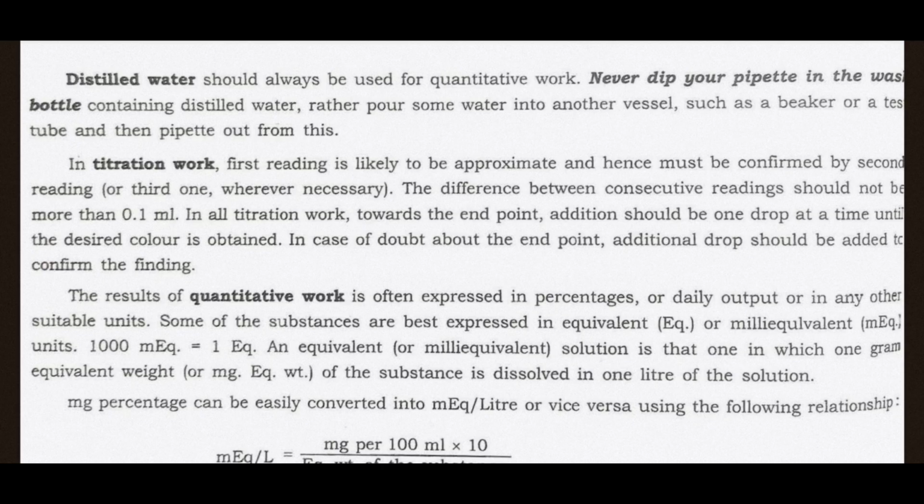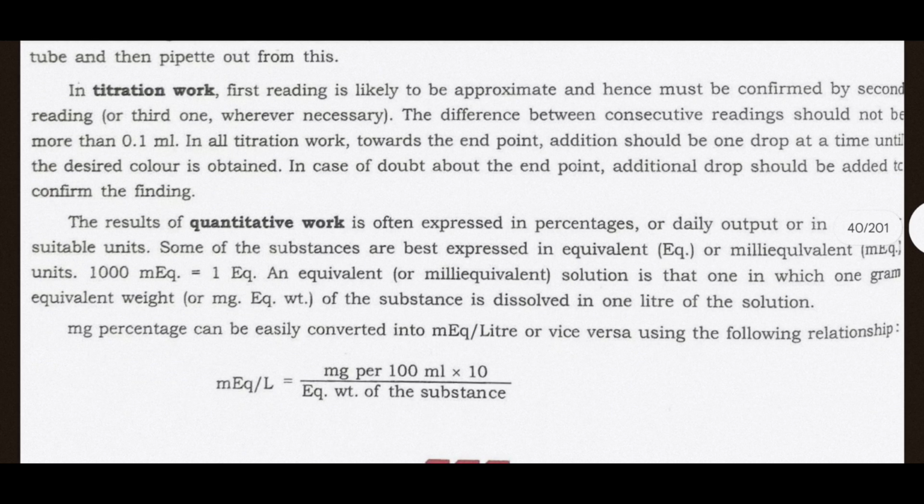The result of quantitative work is often expressed in percentages or daily output or in any other suitable units. Some of the substances are best expressed in equivalent or milliequivalent units. 1000 milliequivalents is equal to 1 equivalent.